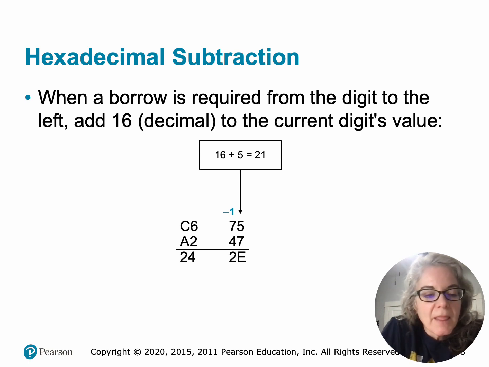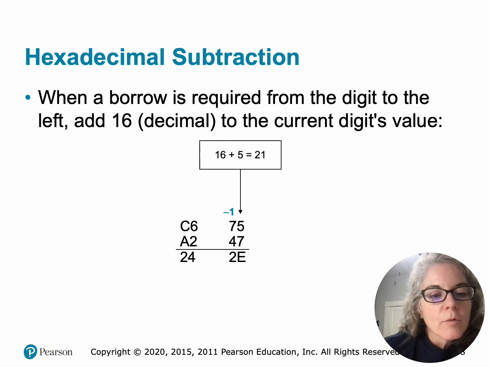Hexadecimal subtraction. When a borrow is required from the digit to the left, add 16 decimal to the current digit's value. When we borrow while subtracting decimals, we borrow 10. Well, here we're going to add 16 instead of 10 when we borrow.